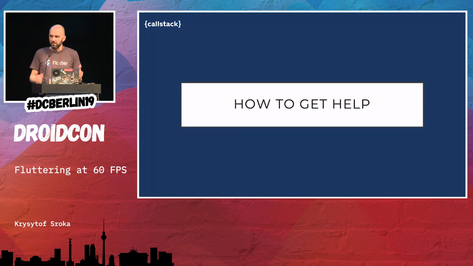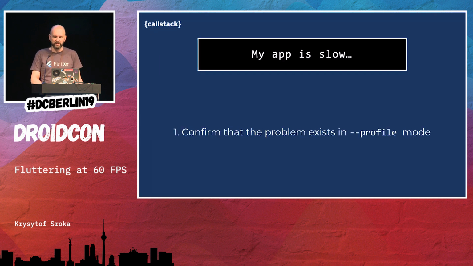Now, your app is slow. What do you do? How to get help in this case? First of all, by default, we run our applications in debug mode, and debug mode has lots of calls that are not necessary in release. So there are actually 3 modes that we can run our application in. One is, of course, debug, the default.